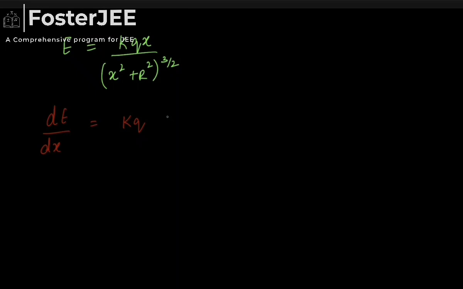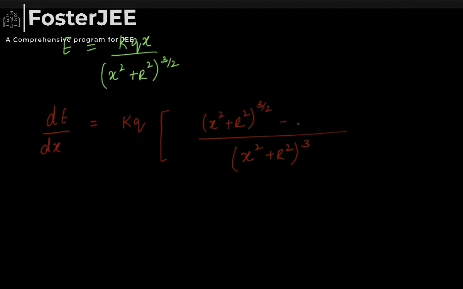Now we have to apply the division rule for differentiation. We will get denominator square. This becomes cube. Now differentiation of numerator into denominator minus numerator as it is. The differentiation of numerator is x into 3 upon 2 x square plus r square power 1 upon 2.